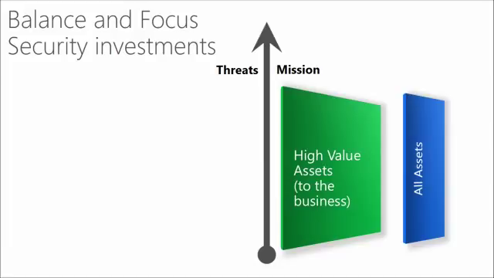If I lose my proprietary, unpatented trade secret, and anybody else can manufacture the same way I can, or whatever it is that's special about your business, those have a disproportionate impact on your stock price, your value, and your ability to accomplish the mission. So you want to make sure you understand those and put a disproportionate amount of security investment there. But at the same time, you don't want to completely neglect your broad investments into all assets.